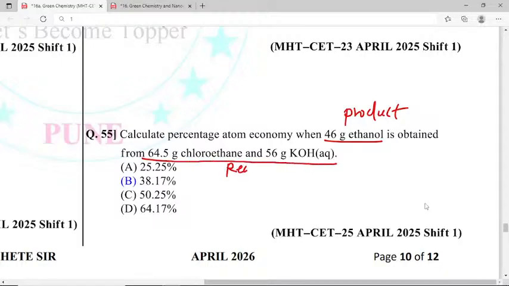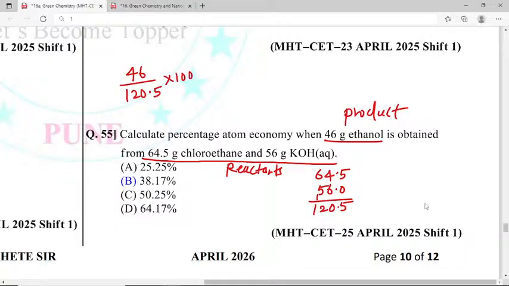What are the reactants here? 64.5 and 56, so 120.5. What is your calculation? 46 divided by 120.5 multiplied by 100 will give your percent atom economy.